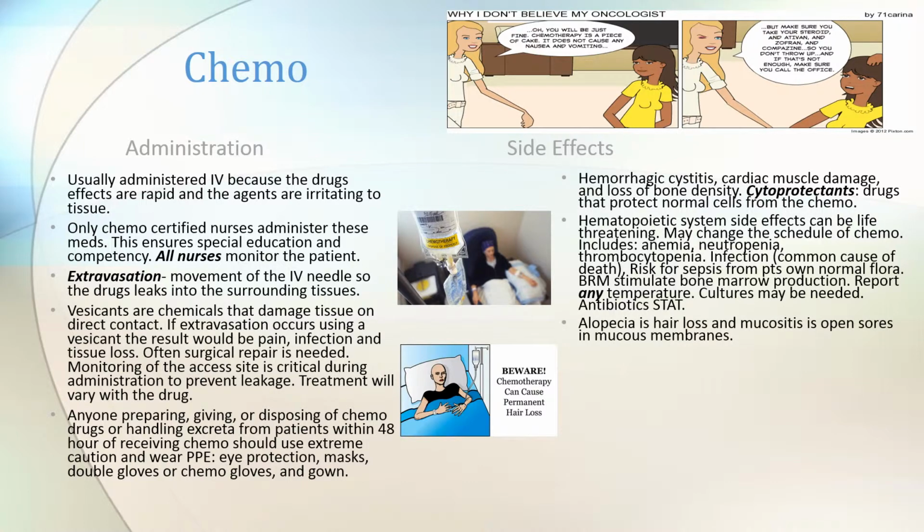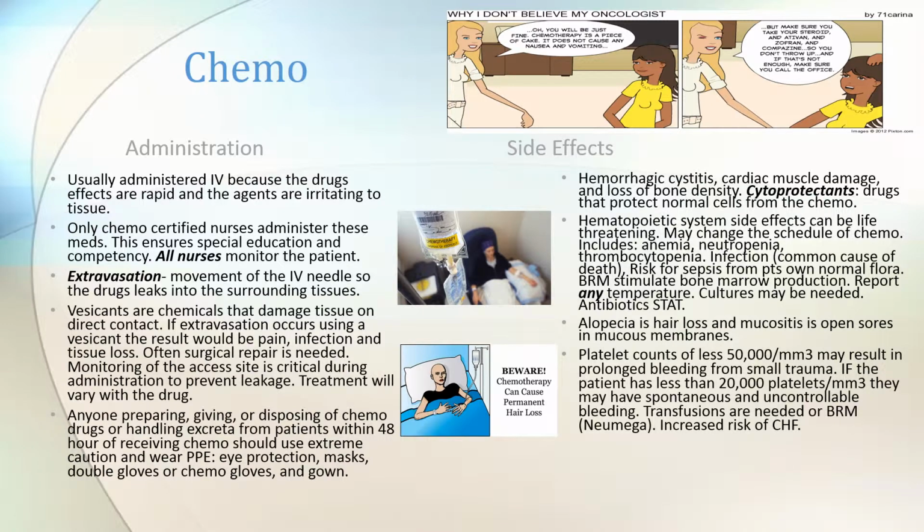They may also experience alopecia, which is hair loss, and mucositis, which is open sores in the mucous membranes. Platelet counts of less than 50,000 may result in prolonged bleeding from small trauma. If the patient has less than 20,000 platelets, they may have spontaneous and uncontrollable bleeding.